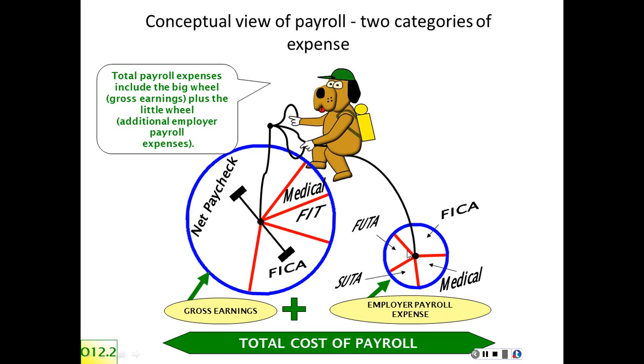Now, what I want to point to this time as I show you this slide is this FICA slice here. This FICA is what we're going to study here, Social Security. It is taken out of the employee's paycheck. Okay? It also is matched dollar for dollar, usually. Now that changed for 2 years with the Tax Relief Act of 2010.